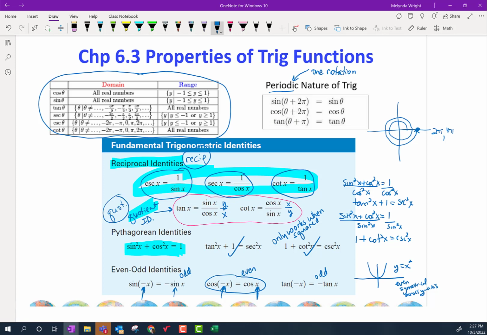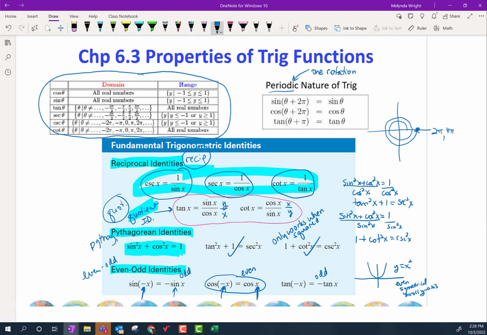That's good enough that I know you're talking about a quotient identity. Pythagorean identities, these guys right here, we'll be using those. We abbreviate that as PYTHAG. We have even odd identities that we're going to be using, and so we would just abbreviate it as even odd.